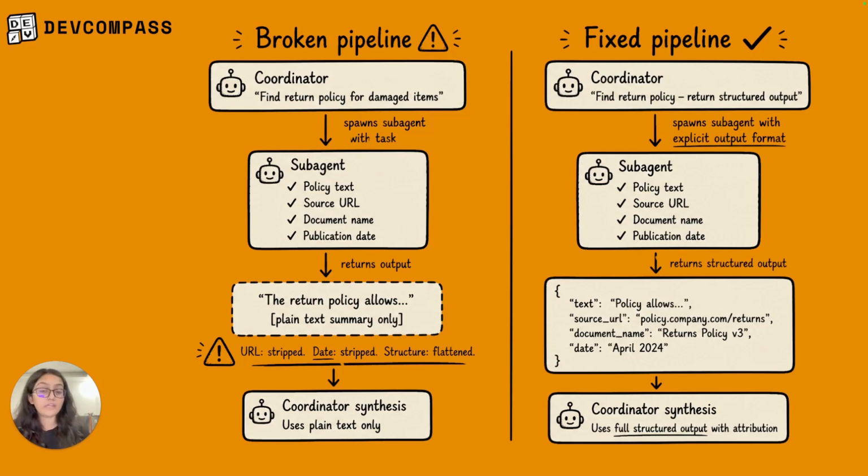Thus, the coordinator receives all of it. When it synthesizes, the source attribution is available. The fix is not complex. It's a change to what the sub-agent is actually instructed to return. But it requires understanding that the sub-agent must be told to preserve this information, as it will not do so automatically.